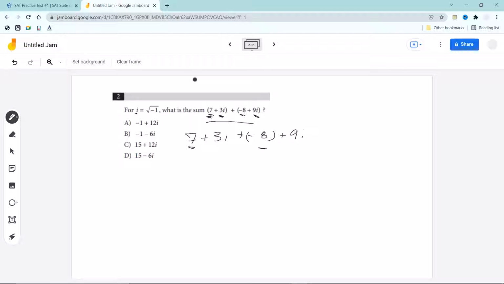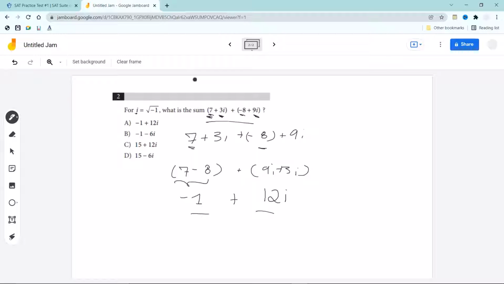Okay, we have a 7 and an 8, so we get 7 minus 8 on one side, and then we get 9i plus 3i. Great. 7 minus 8 is just going to give us -1, and 9i plus 3i, well, 9 plus 3 is 12. We just add the i at the end because we're dealing with terms with i. It's going to give us 12i. So -1 plus 12i.